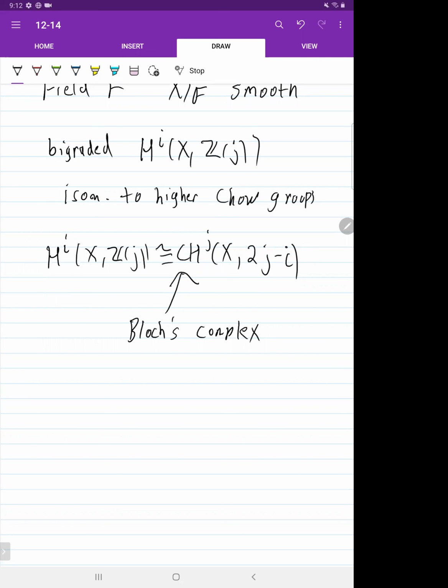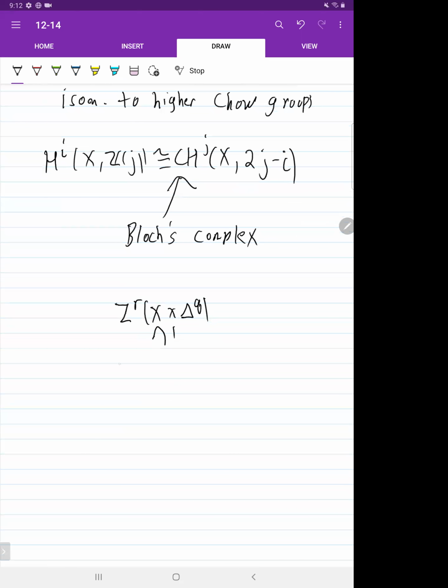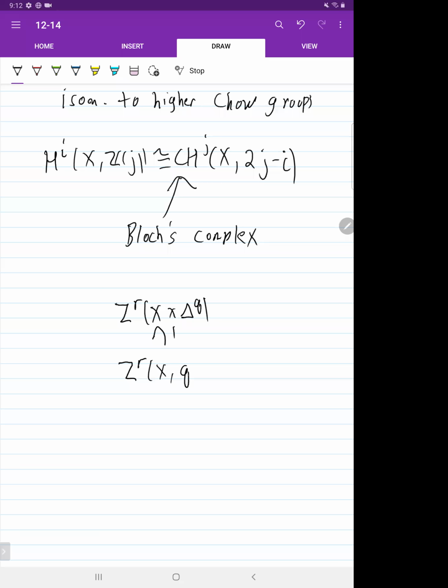You have X cross the algebraic q-simplex, and sitting inside of that, you have cycles that meet the faces properly, the codimension j cycles of X cross Delta^q that meet the faces properly.